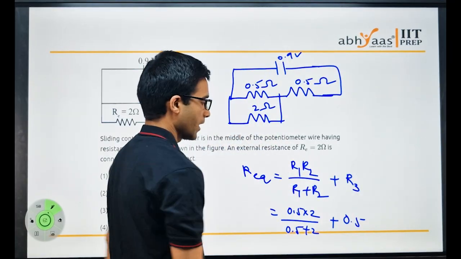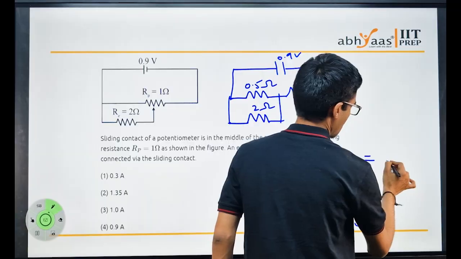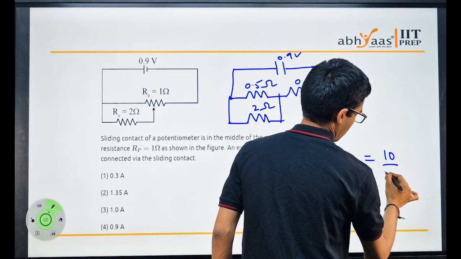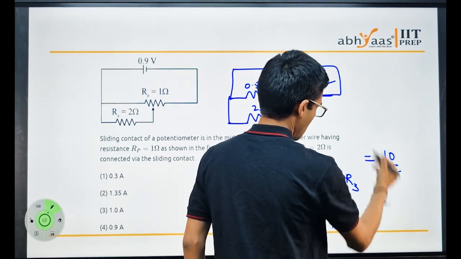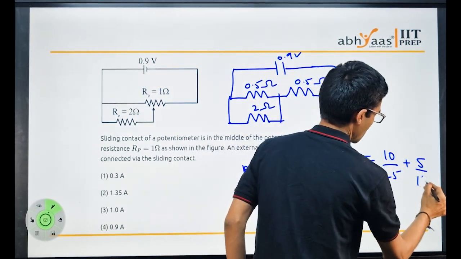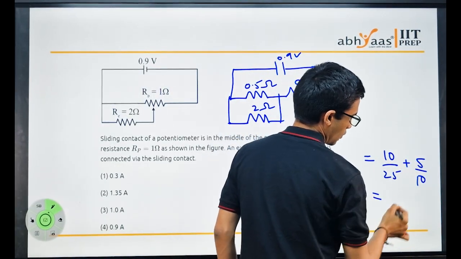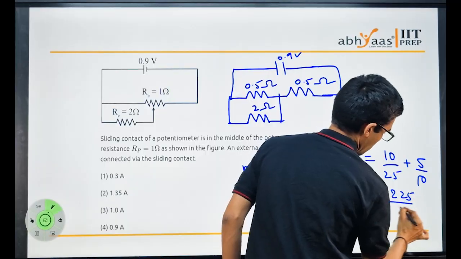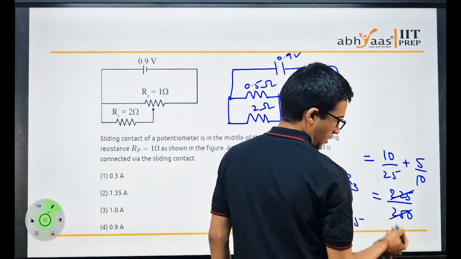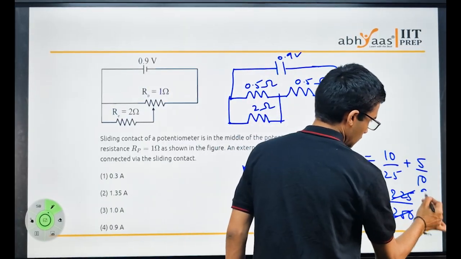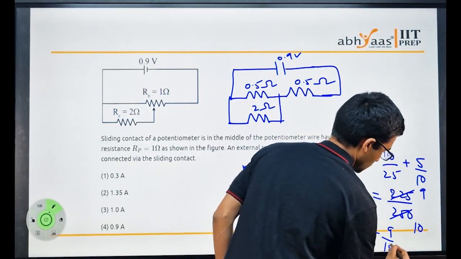I am writing it in a simple way. 0.5 into 2 is 1. 1 by 2.5 is 10 by 25. 1 by 2.5 means 25 by 10, it will go to the top. This is 5 by 10. Take the LCM: 100 plus 25 into 5 is 125. So in total you get 225 by 250. If you cut this by 25, 25 9s are 225, 25 10s are 250. So 9 by 10, that is 0.9.